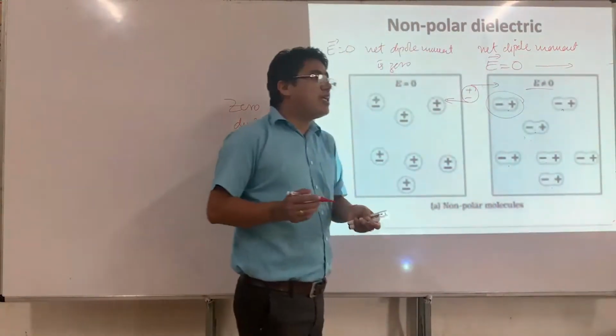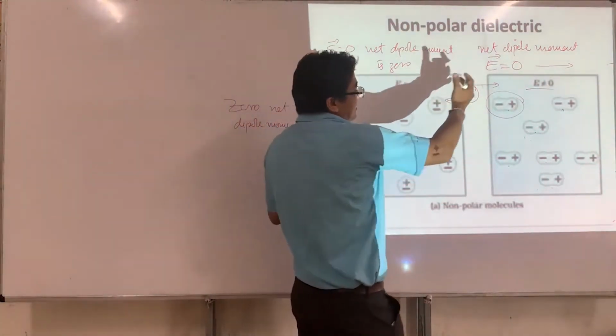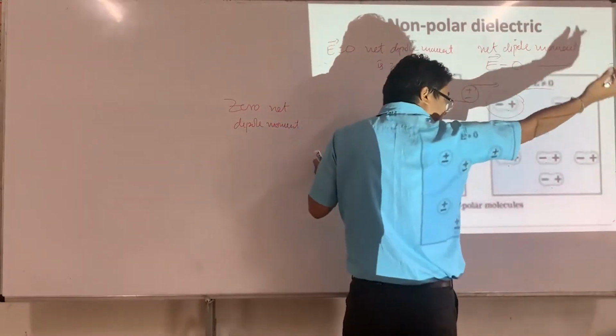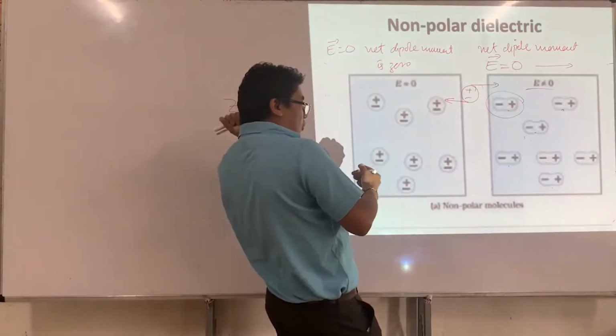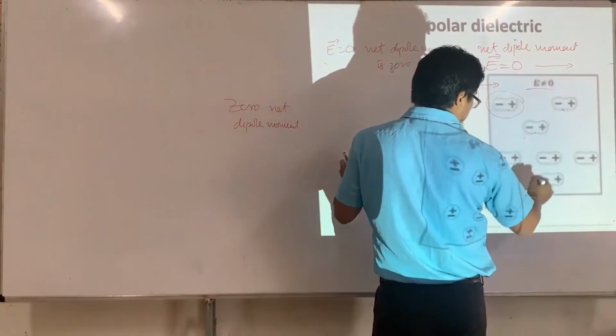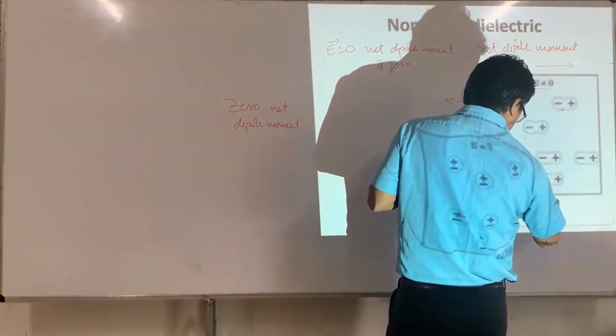So each molecule now has a net dipole moment, and the dipoles are placed such that positive charge is along this side, negative charge along the opposite side. So this will create a net dipole moment.